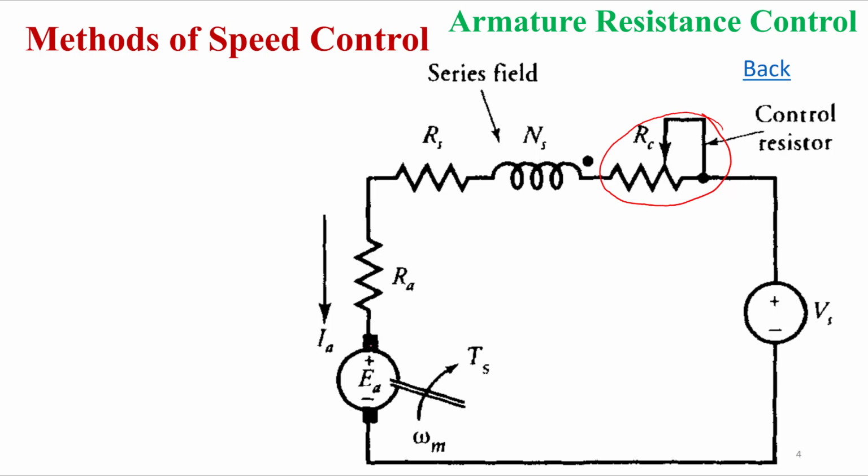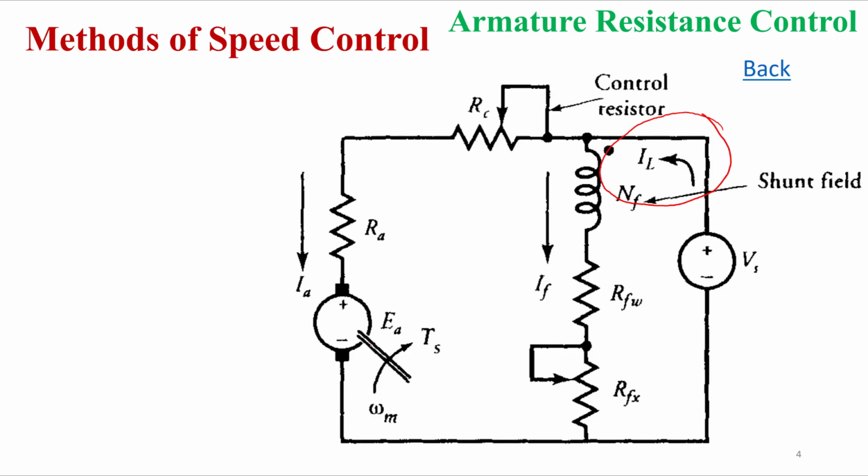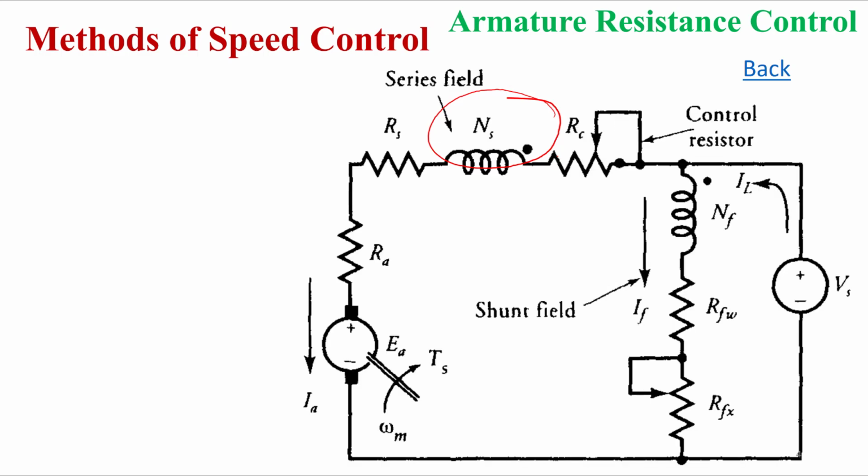So by that way we can control the speed. Similarly, in case of the shunt motor, we have the control resistance here in the armature circuit, right? Through which we achieve the current control in the armature circuit, right? And similarly for the compound motor as well.